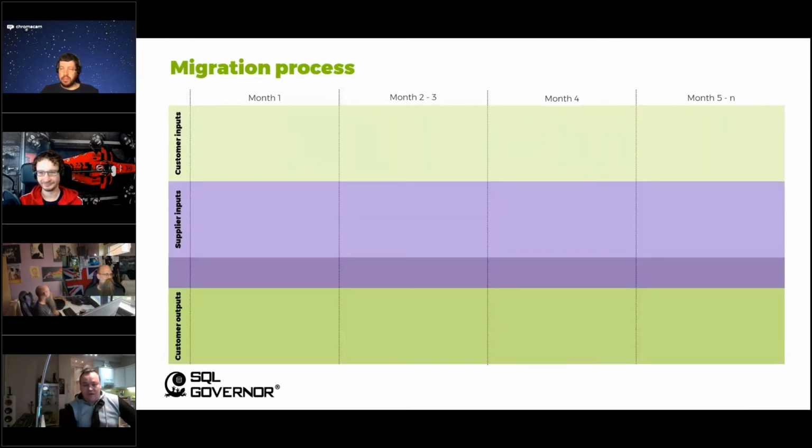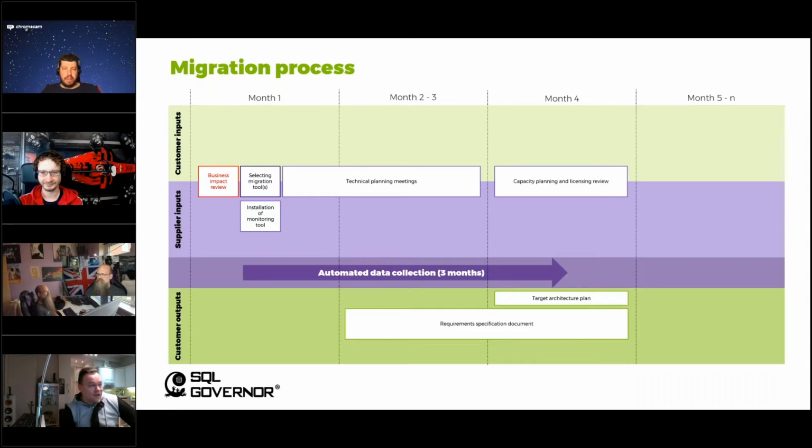Okay, then to the agenda. So this was the big picture, as everybody who attended last time remember. So it's about the migration process, and today we are going to discuss the business impact review. That is the first thing that needs to be tackled typically in capacity planning and migration cases.